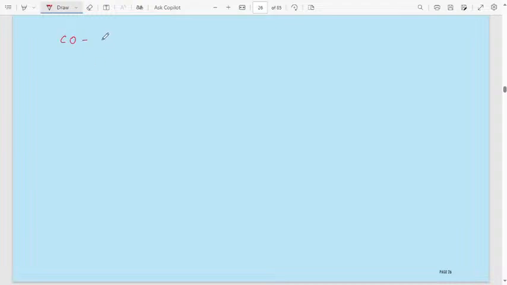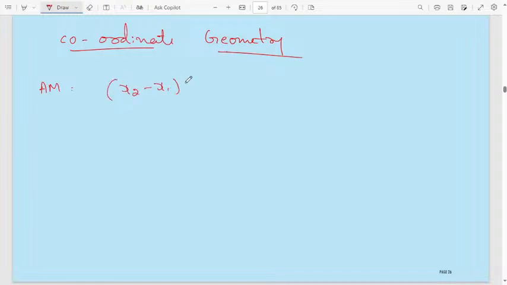Next, coordinate geometry. Distance formula: we will use the square root of (x2 minus x1) whole square plus (y2 minus y1) whole square.